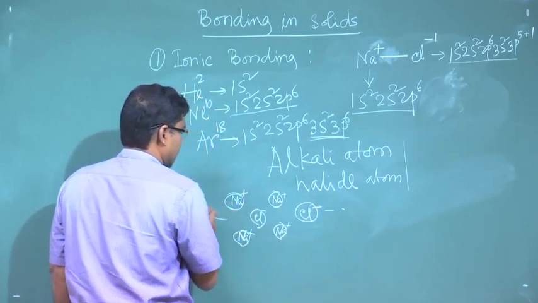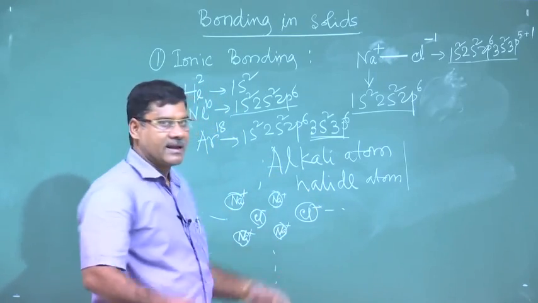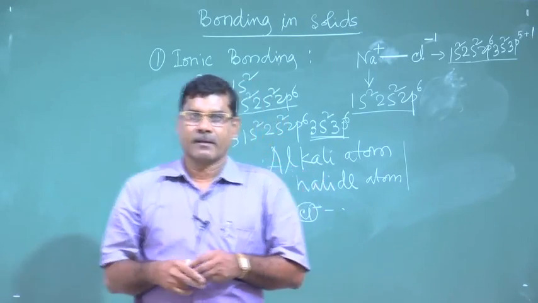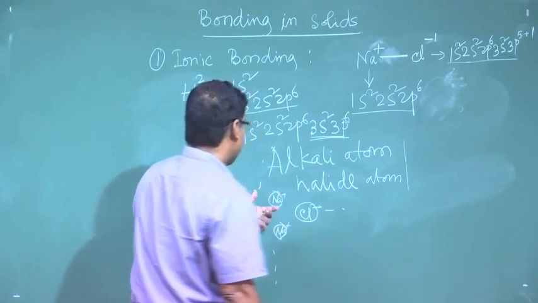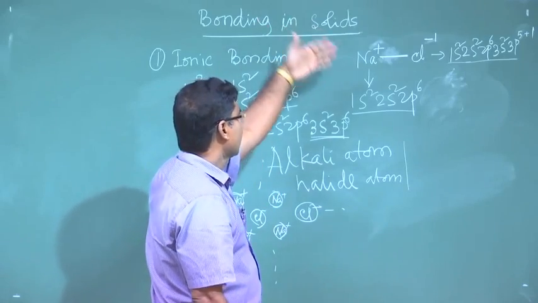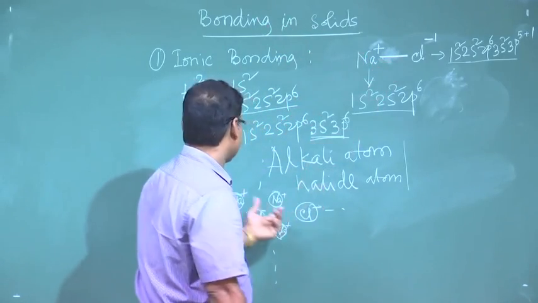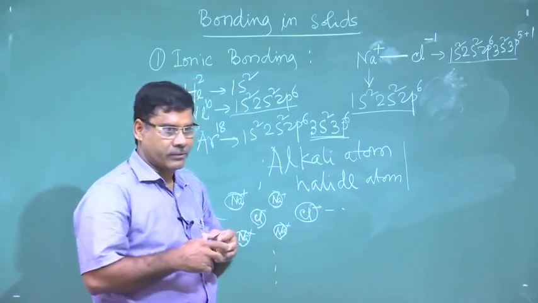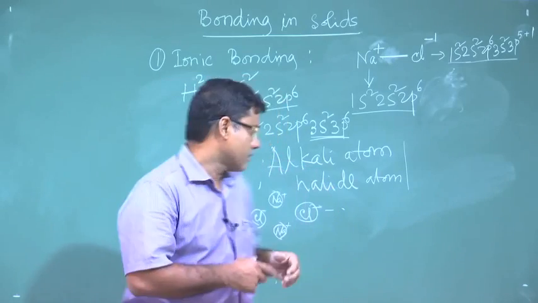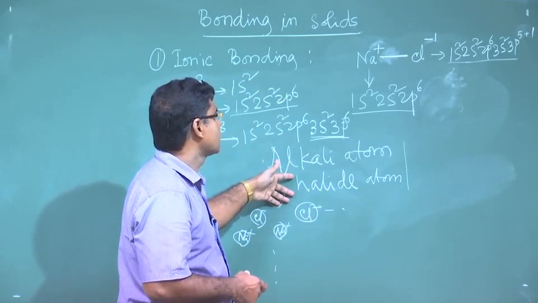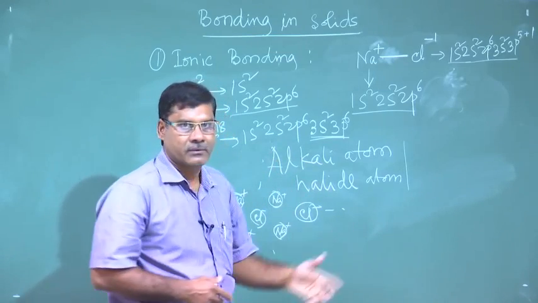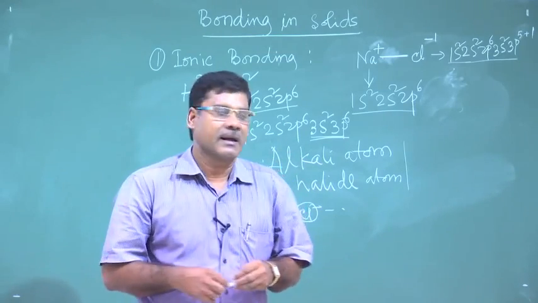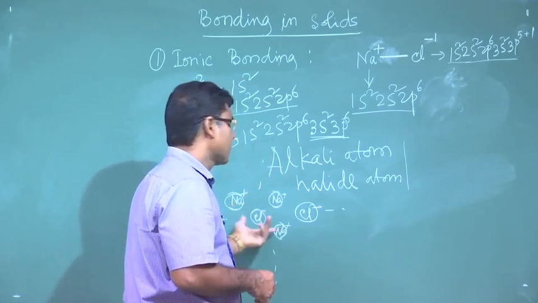etc., etc. They will arrange themselves in such a way that they can form ionic bonding and hold each other, exchanging electrons, just donating an electron by one atom and accepting that electron by another atom.